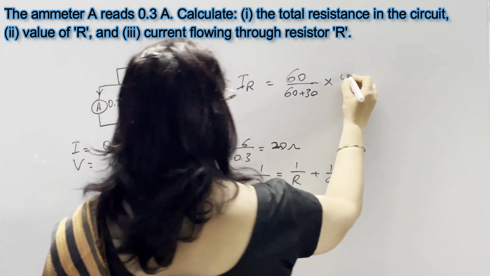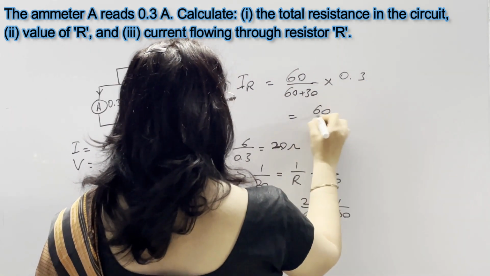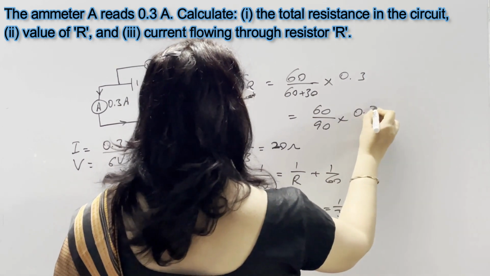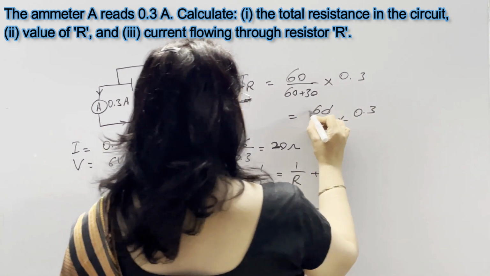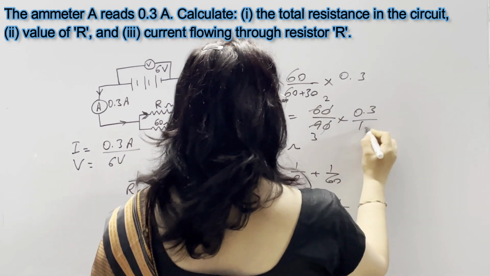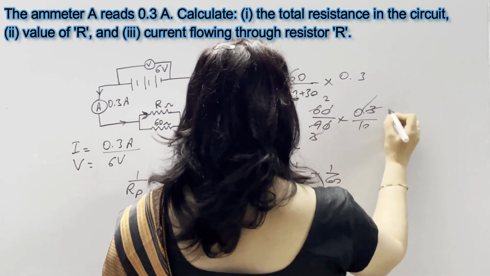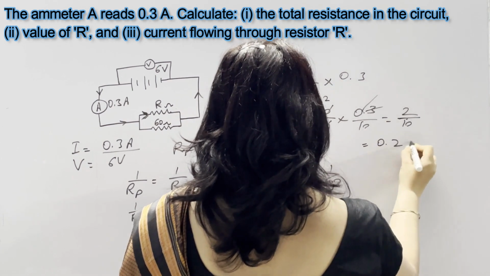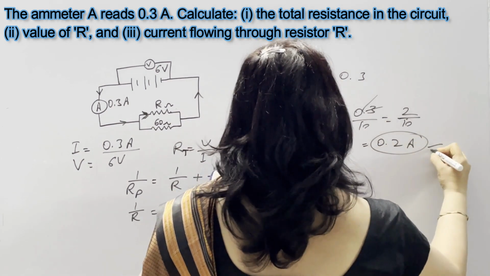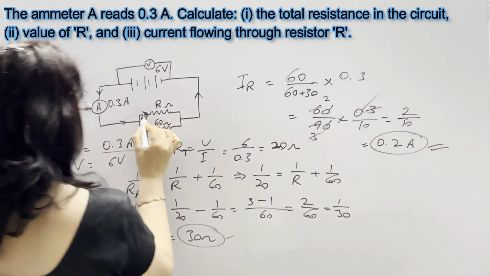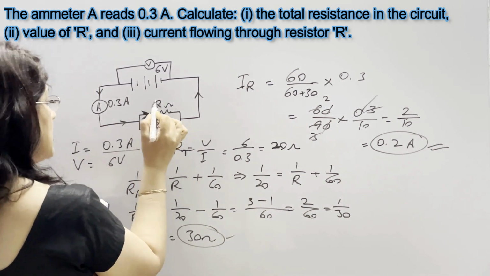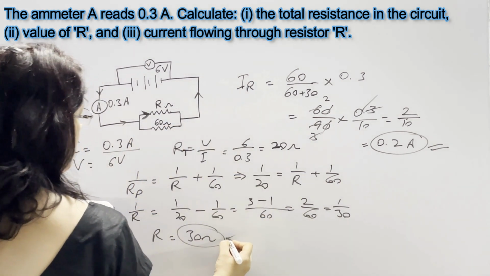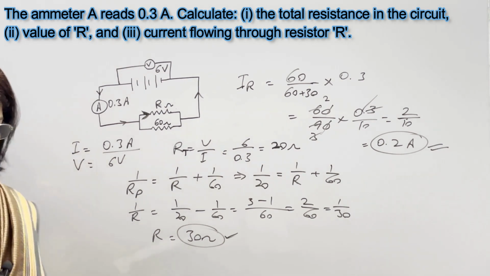Value of current is 0.3. So 60 upon 90 into 0.3. 2 upon 3, then 3, 2 upon 10. It means 0.2 ampere is the value of current through this resistance, whose value we have just calculated as 30 ohm.